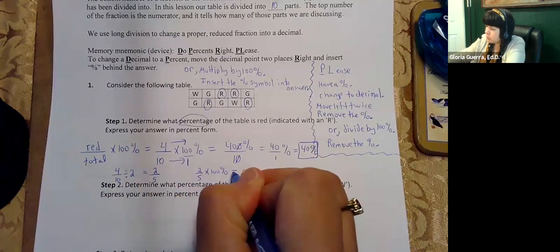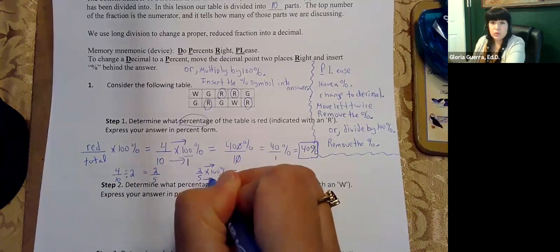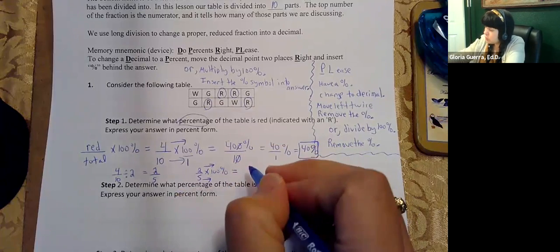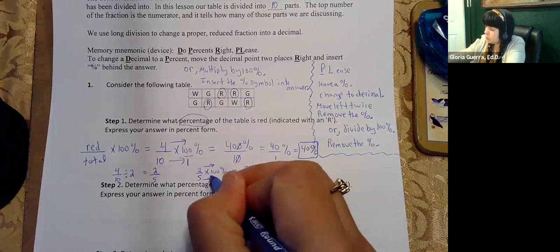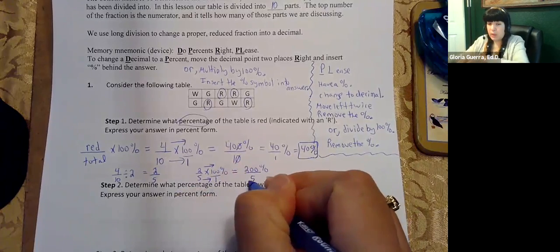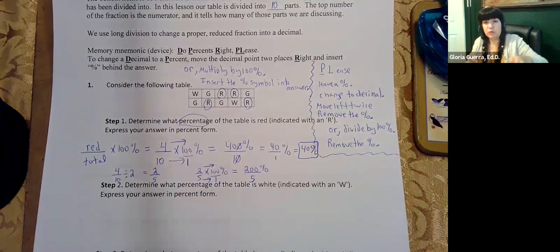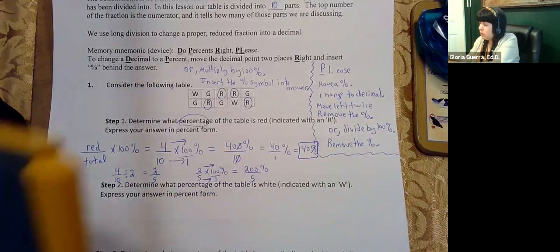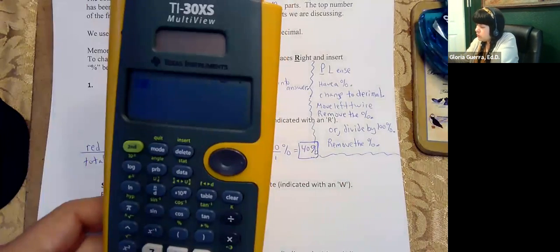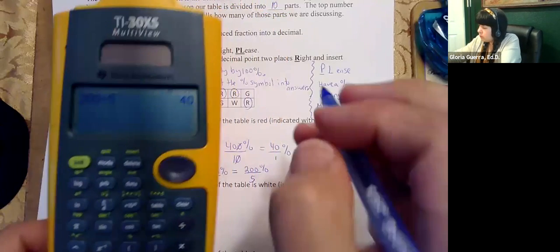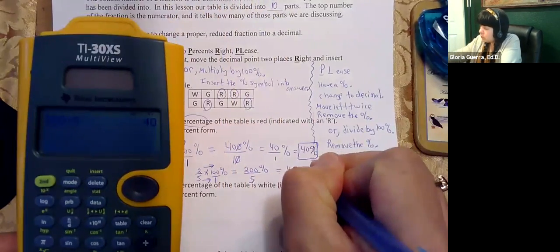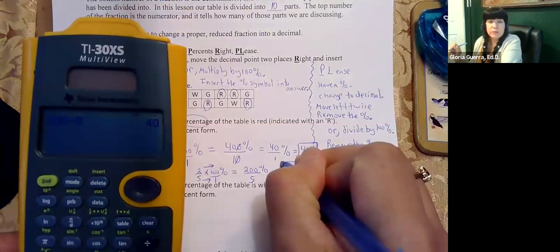We multiply straight across. 2 times 100 is 200%. 5 times an imaginary 1 is 5. Then on your calculator you do 200 divided by 5, which is 40. So 40%.